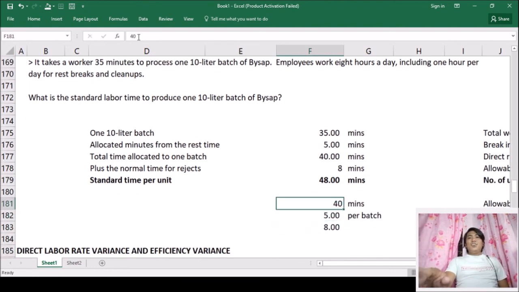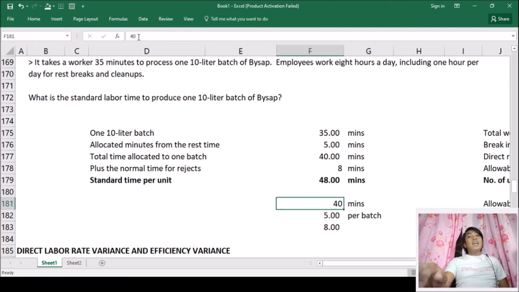Okay, so 40 minutes. However, because of the 6 batches, one was lost. So that 40 minutes for the rejected batch is divided among the 5 that were successful, because one batch no longer has commercial value and is thrown out. The time consumed on that must be absorbed by the batches that were successful. How many batches were successful?